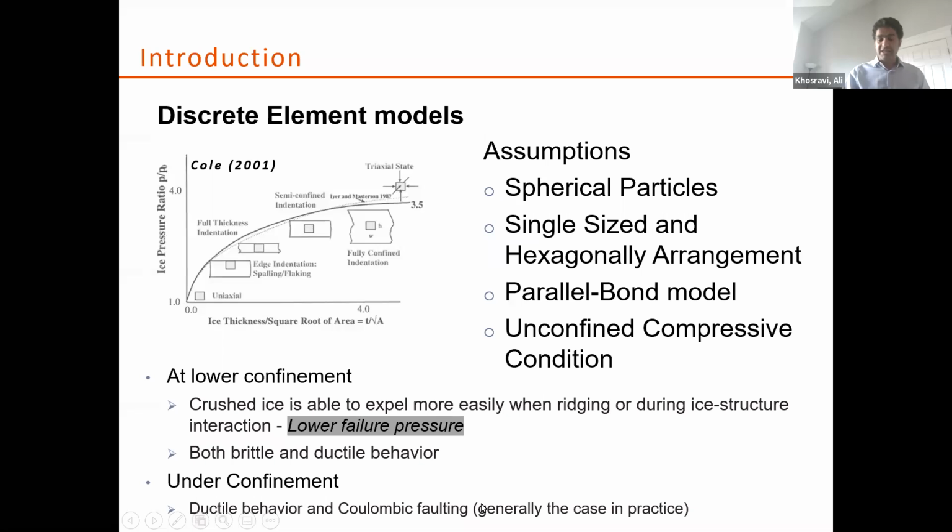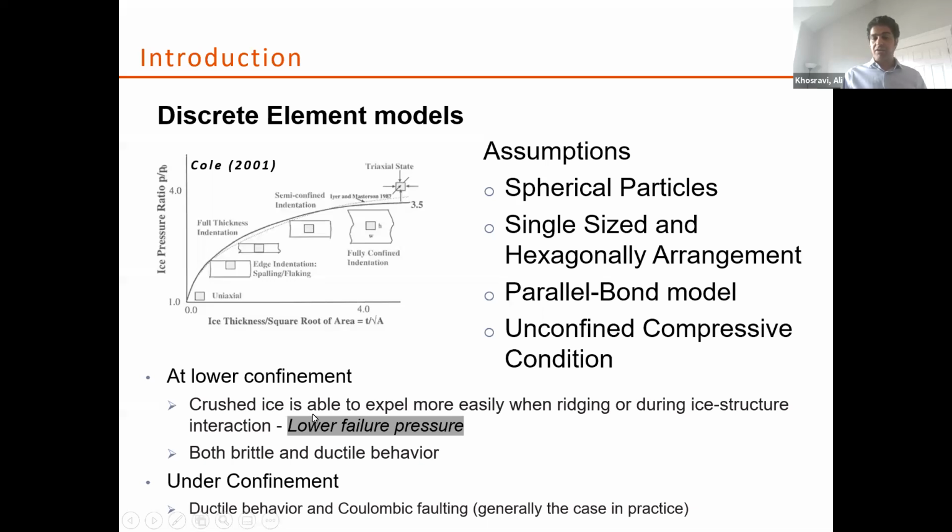Then we have confinement. As I mentioned, most of these tests are performed under an unconfined compression condition, but in reality this is just a special case. CIS is going to be under different confinement conditions: semi-confined, fully confined, or even a triaxial state. If we don't consider these confinement conditions, the behavior we have in reality is not going to be captured.